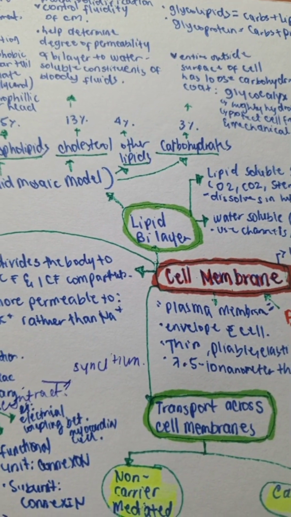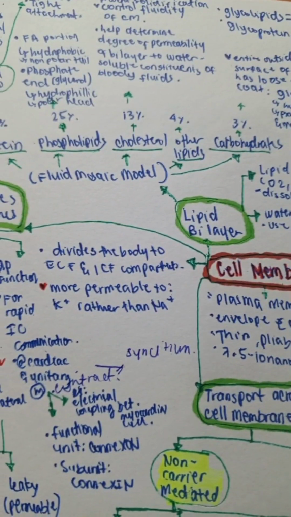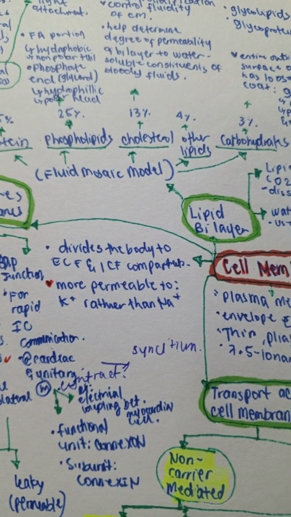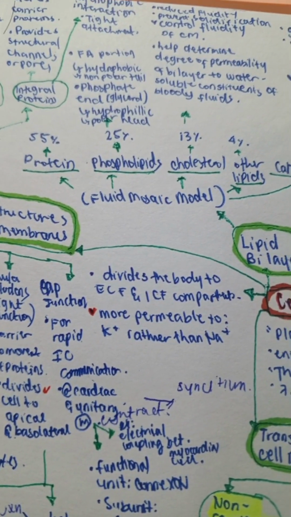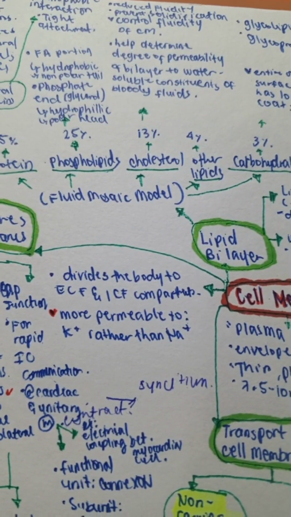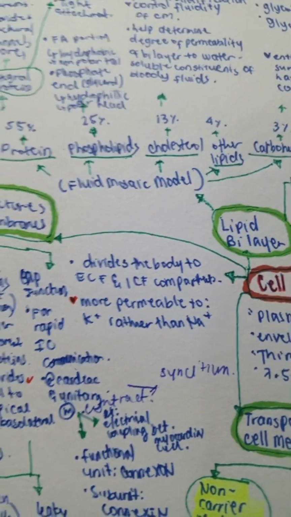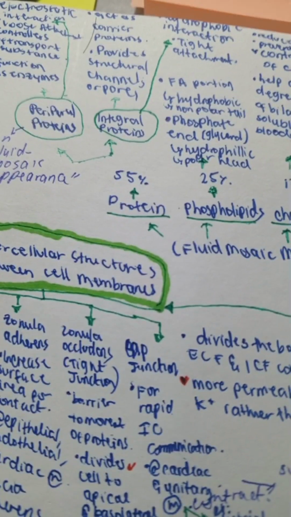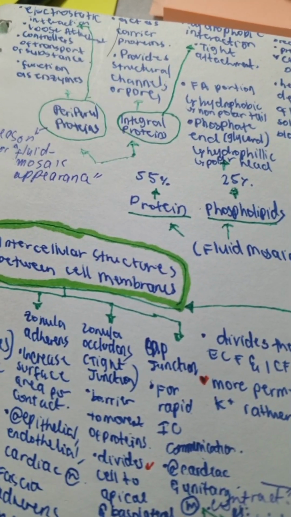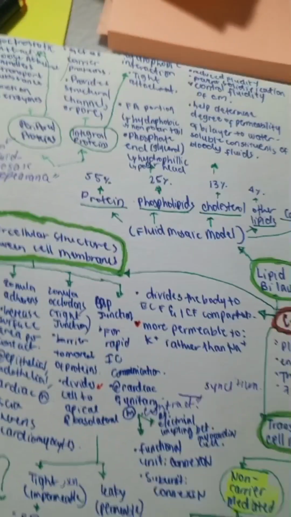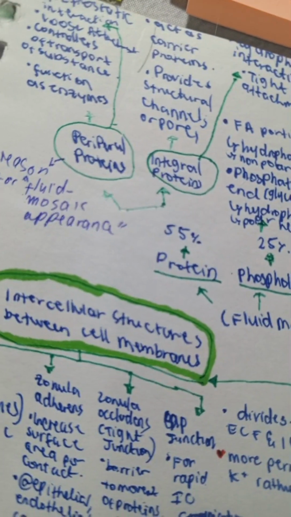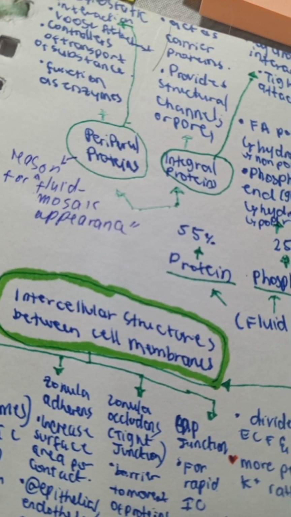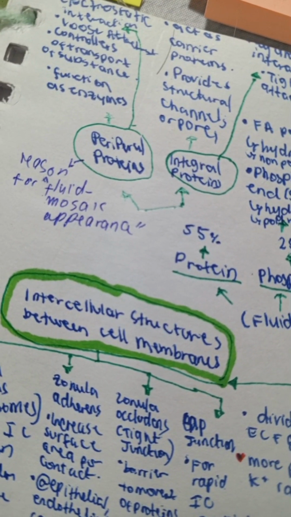The lipid bilayer is composed of what we call the fluid mosaic model, and it consists of protein, phospholipids, cholesterol, other lipids, and carbohydrates. The protein is 55%, and in the lipid bilayer we have two types: the peripheral proteins and the integral proteins.